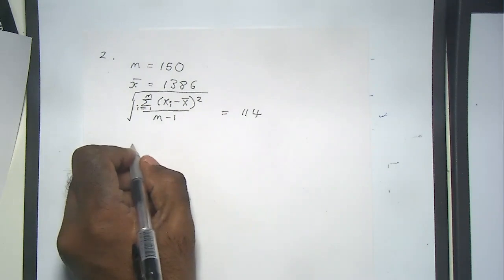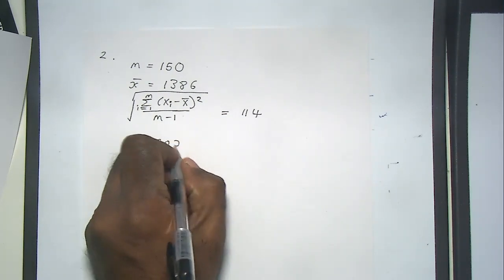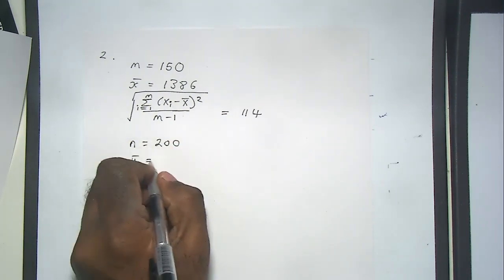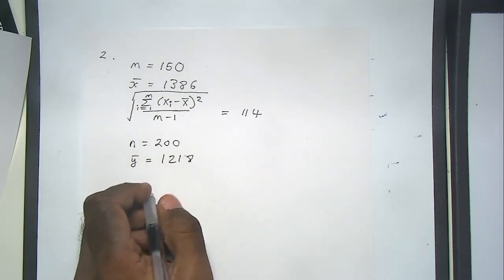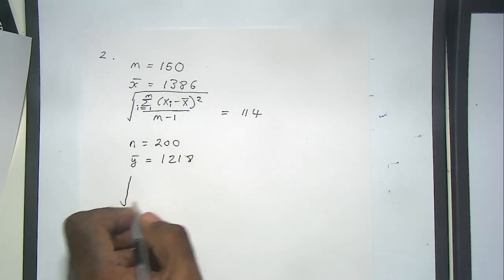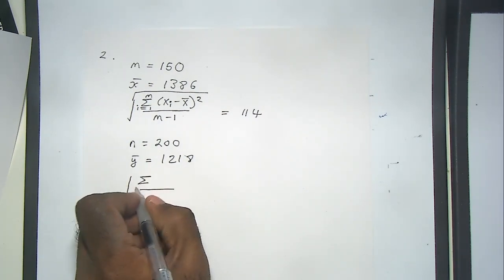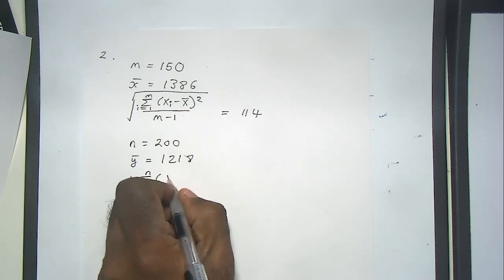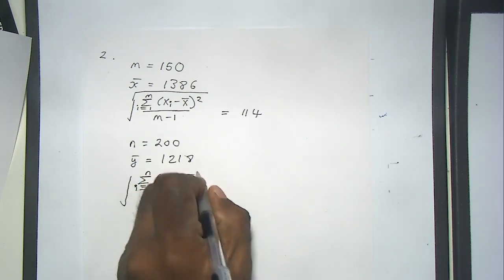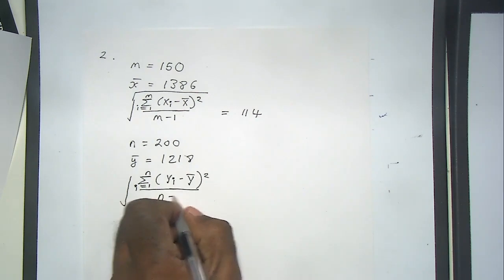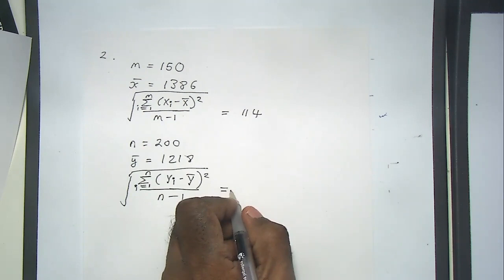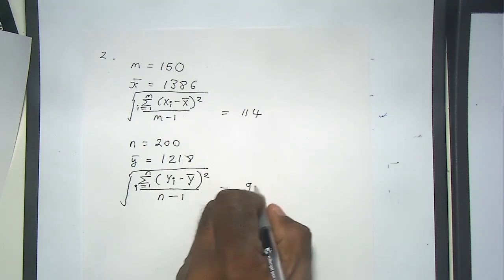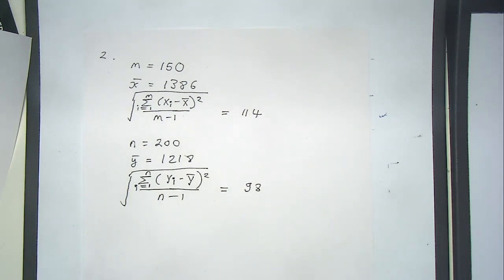Then you're given that n is equal to 200, y bar is equal to 1218, and the sample standard deviation is equal to 98. Now the question is to find the 95% confidence interval for the two cases.